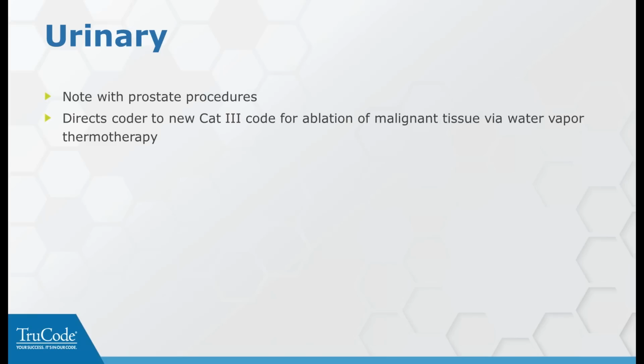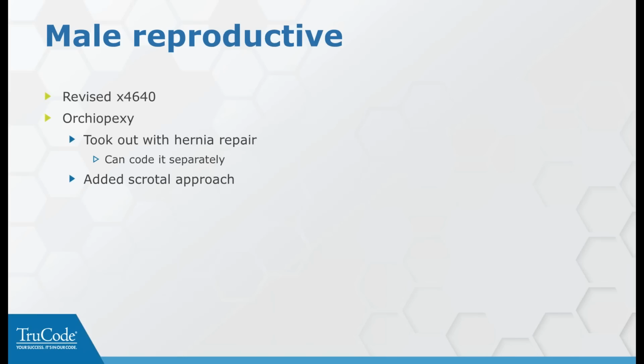And it just reminds us, if they do a transurethral ablation of malignant prostate tissue by high energy water vapor thermotherapy, you have to use 0582T. So watch carefully for those directions for using those category 3 codes, because I've just showed you a whole bunch of those in just a few minutes of time there.